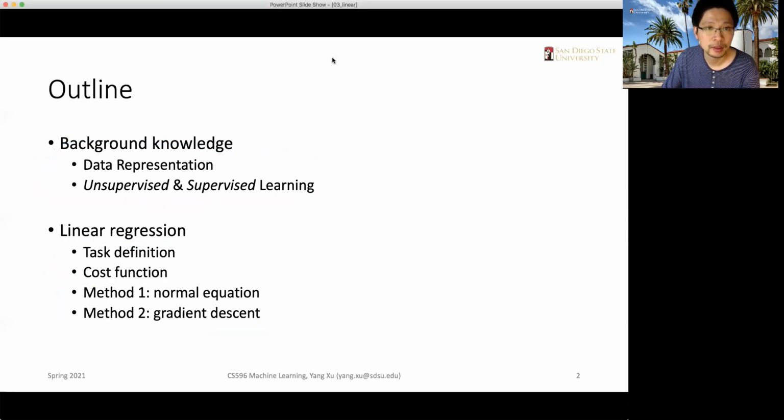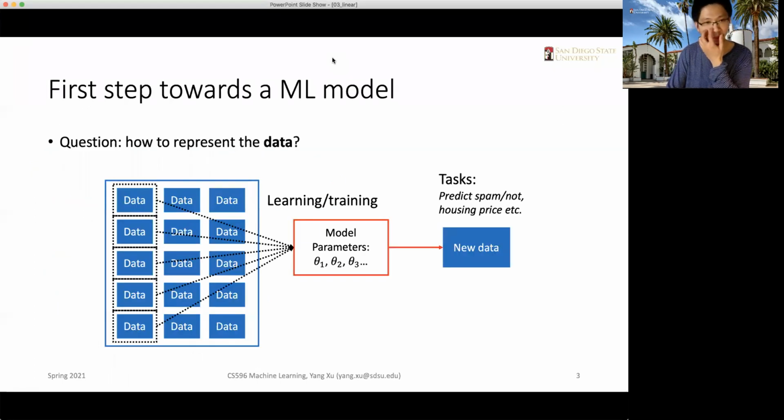I hope you still remember this figure that I put into the very first lecture. I said it is a kind of mind map that helps you have an overall idea of how a machine learning model typically works.